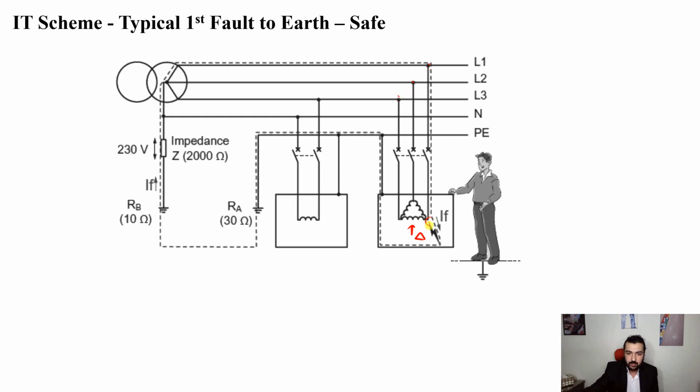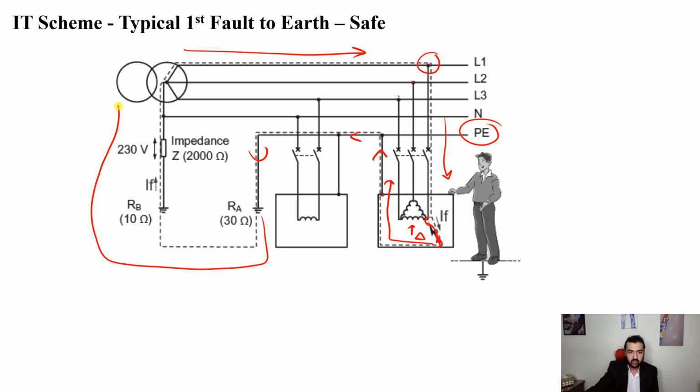If a fault happens between L1 and insulation breakdown and it touches the enclosure, the current will go like this through the protective earth connected to this enclosure here, like this, through the ground, back to the supply.